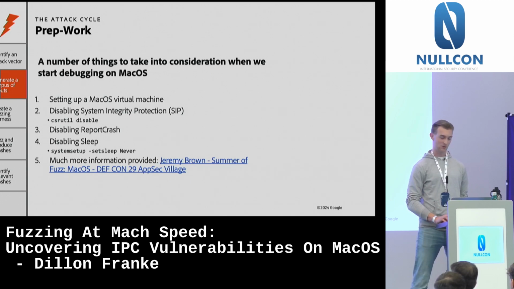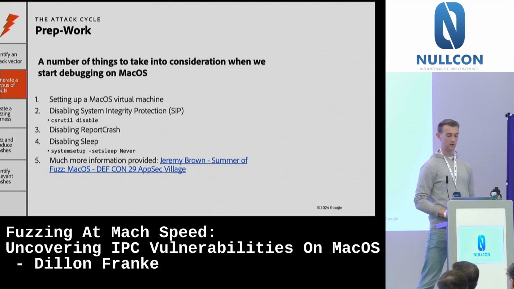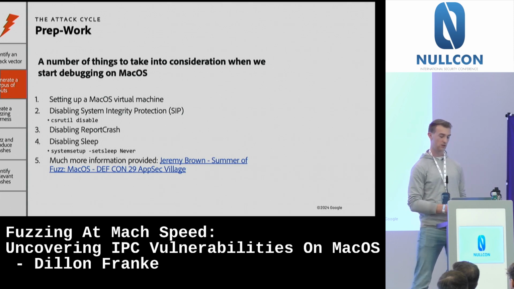It'll give you a bad time if you don't disable this. Also, we're going to want to disable things like report crash and disable sleep so that you can fuzz at will and leave things long running without your system going to sleep. And there's a really great DEF CON talk from a few years back that talks about fuzzing on macOS, which I've linked to here.